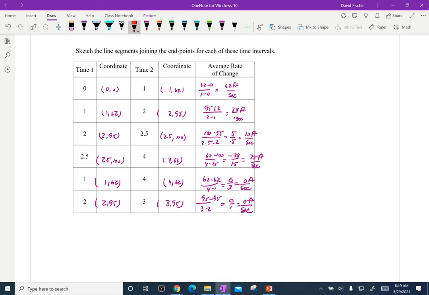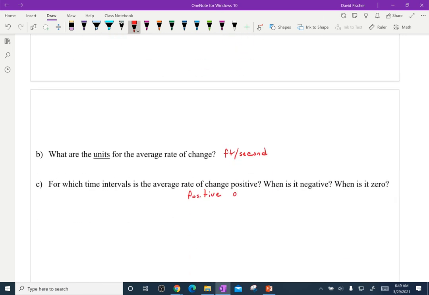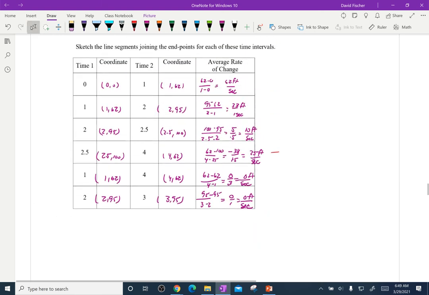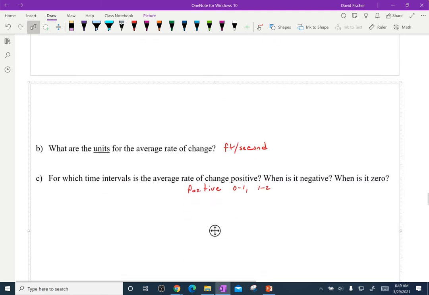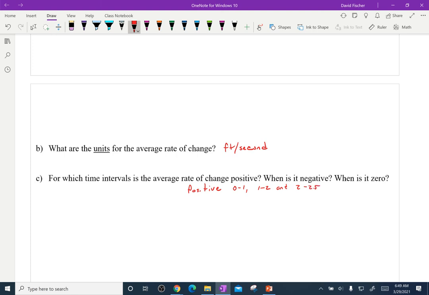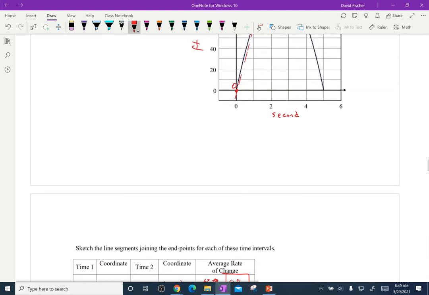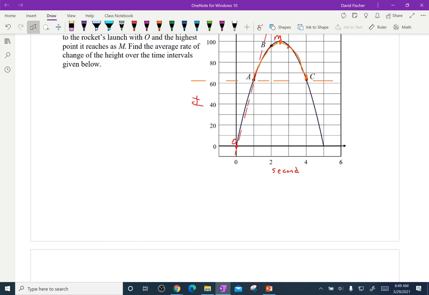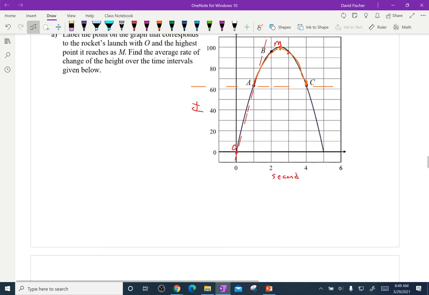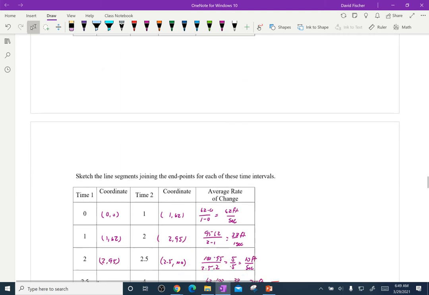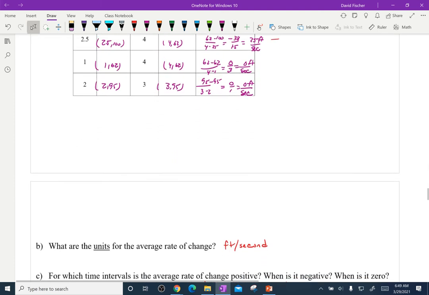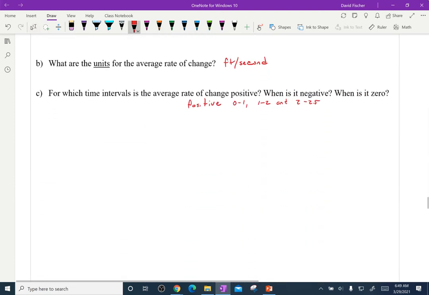Here's where my negatives started, right here. So I have from 0 to 1, 1 to 2, and 2 to 2.5 was positive. I think 2.5, was that where my M was? Yeah, it was, 2.5. So where was it negative? It was negative from 2.5 to 4.